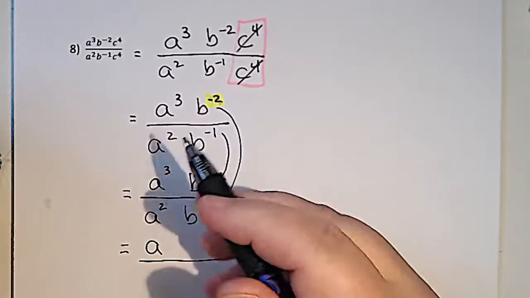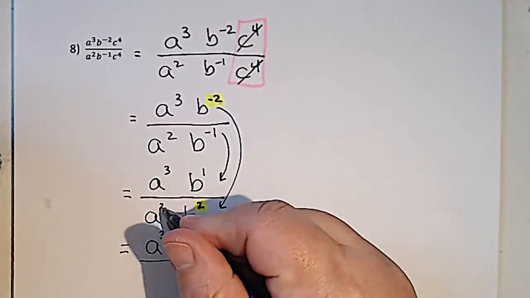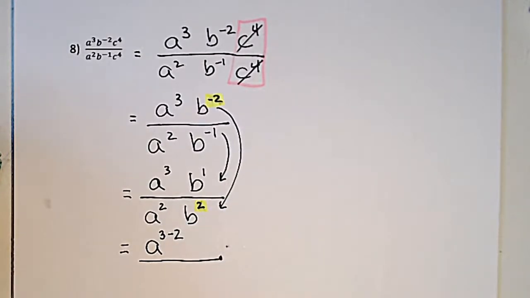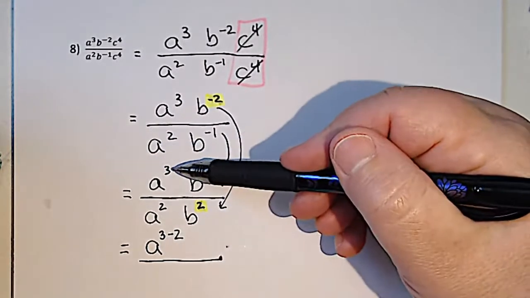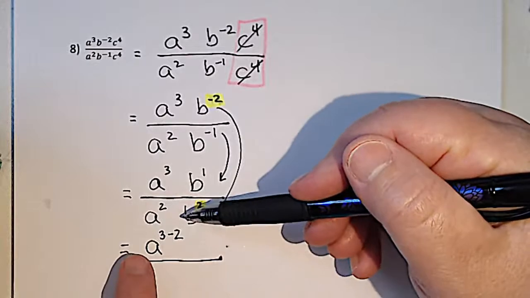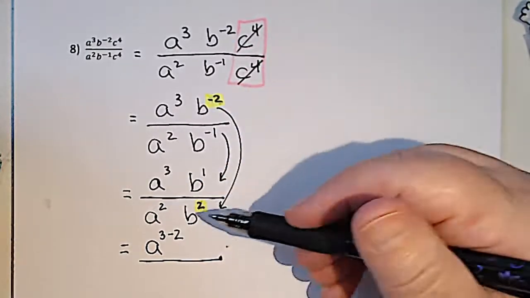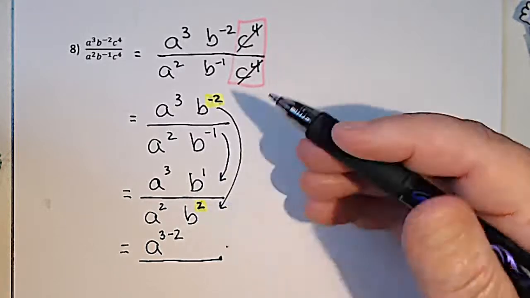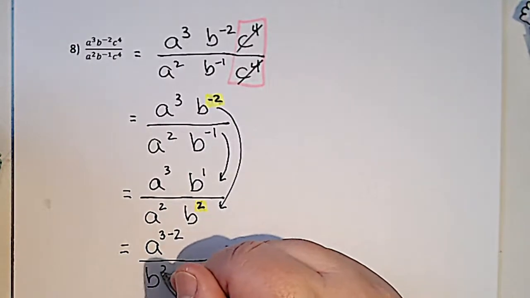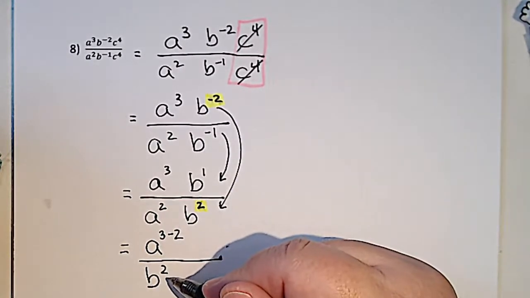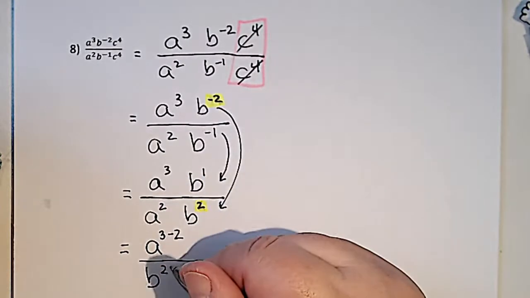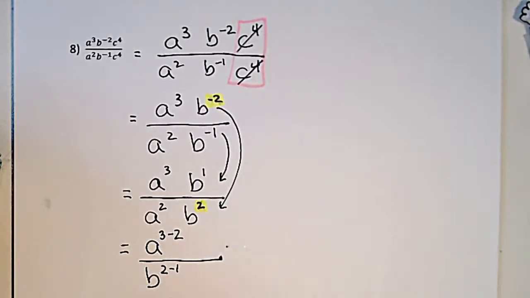So I'm going to start with the 3 on top, and I'm going to subtract the 2 on the bottom. I start with the 3 on top, because I'm moving them to the top, and I subtract the one that's moving. Okay, with the b's, it's the opposite. There are more b's in the denominator. So I've got 2 b's down here, and I'm going to subtract the one that's moving. I get a to the first over b to the first, which is a over b.